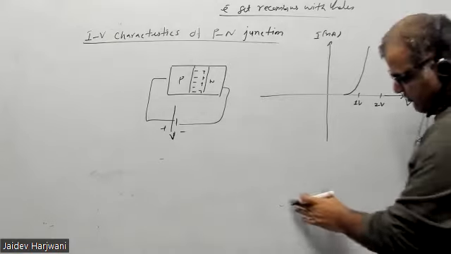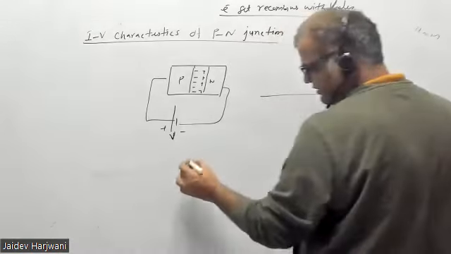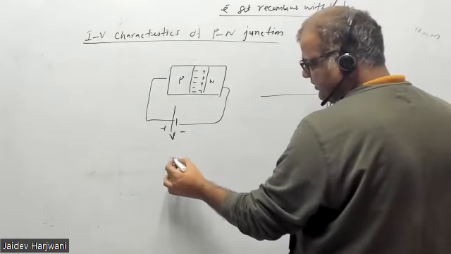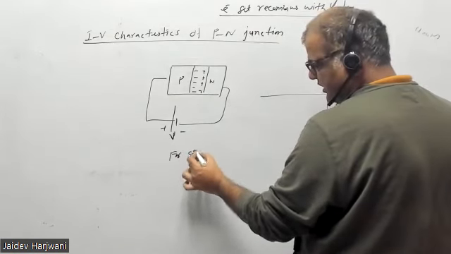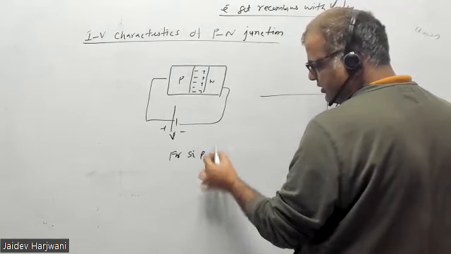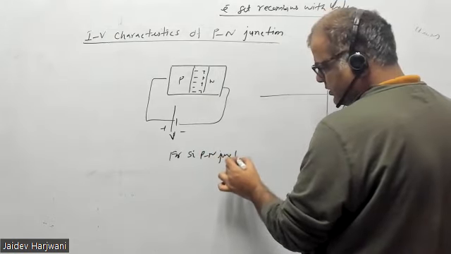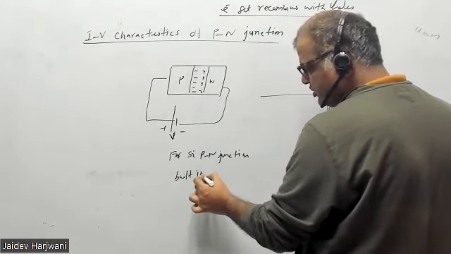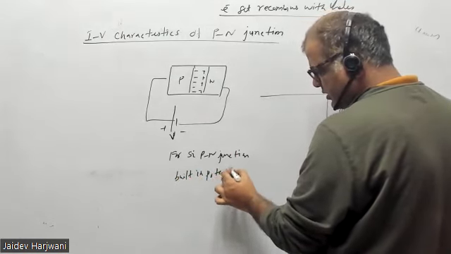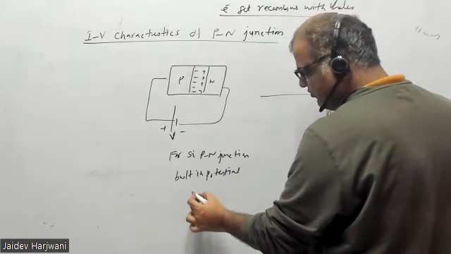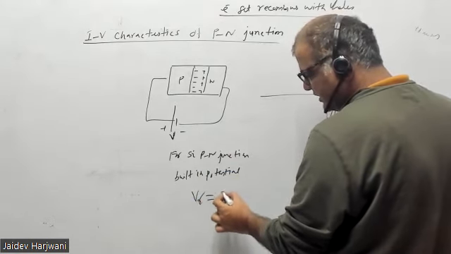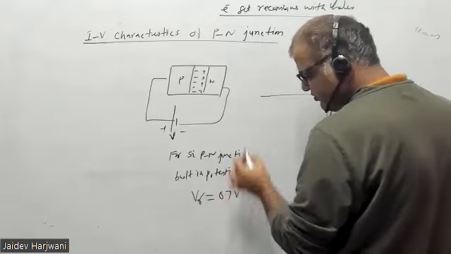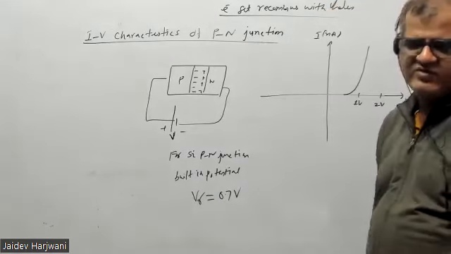If your p-n junction is made of silicon, for a silicon p-n junction, this built-in potential value, which is written as V gamma, is around 0.7 volt, or 0.65, 0.6.